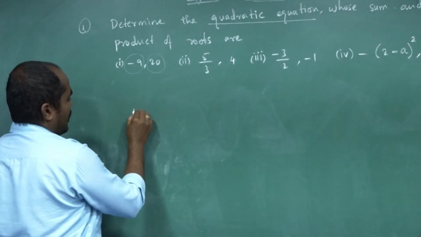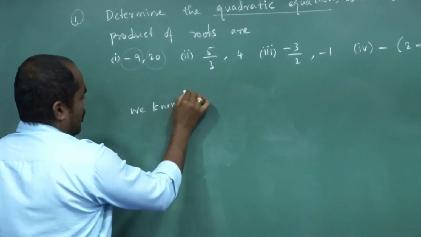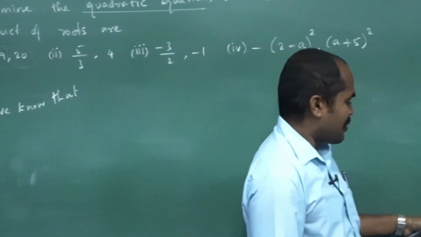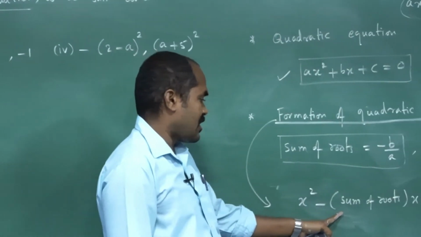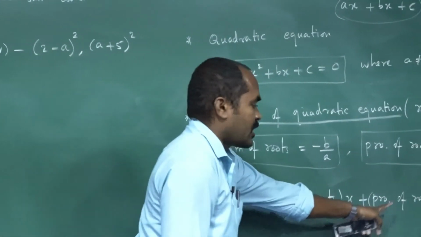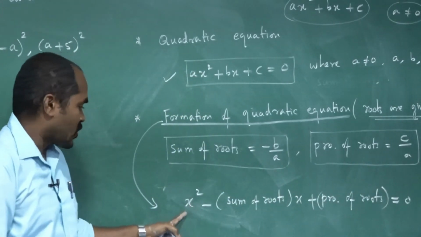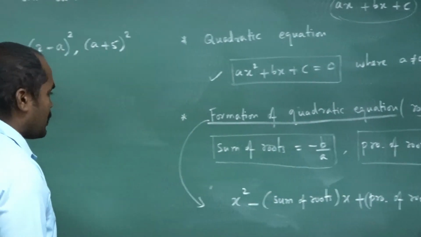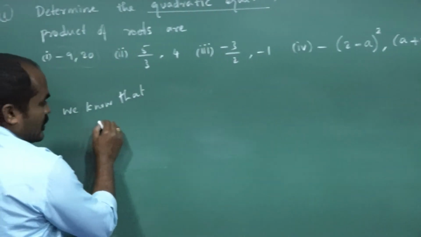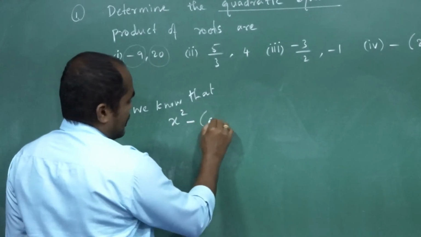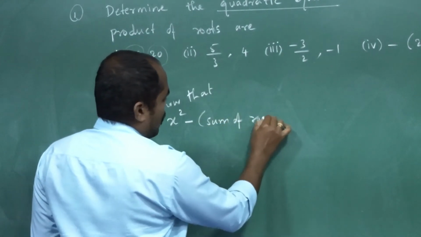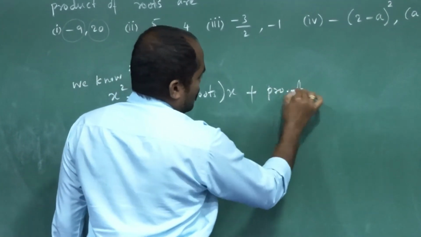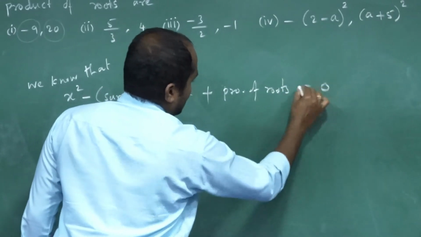We know the formula: x square minus sum of roots into x plus product of roots equal to 0. Write the formula here.